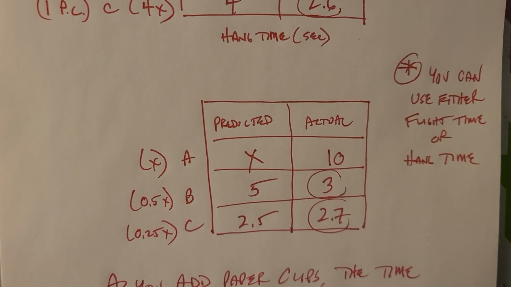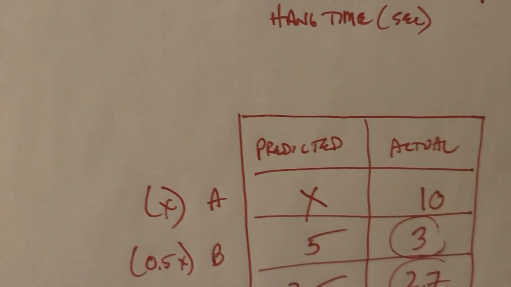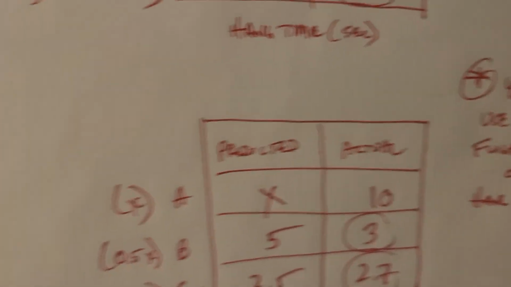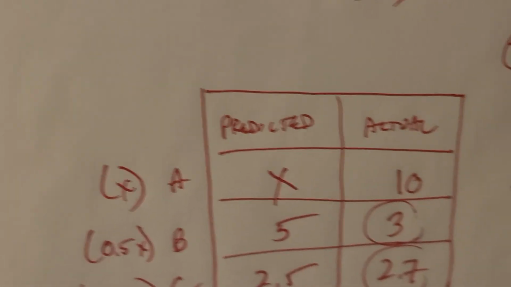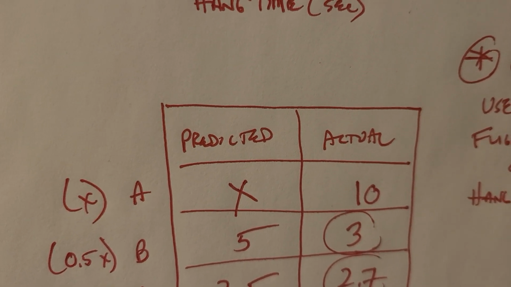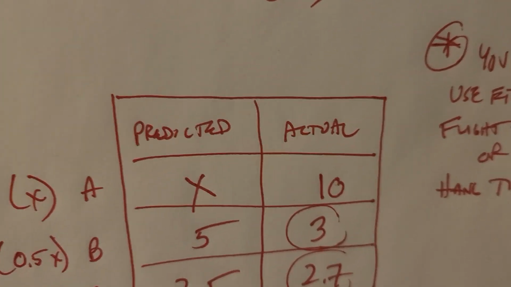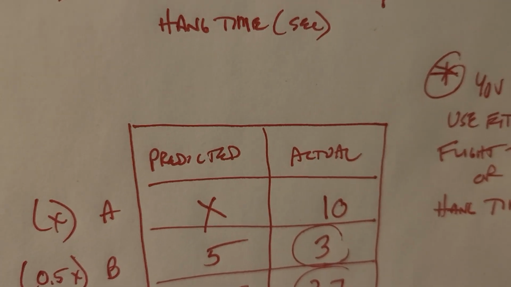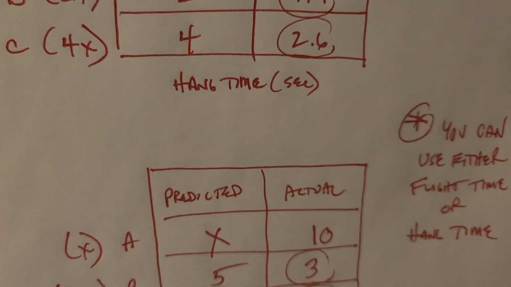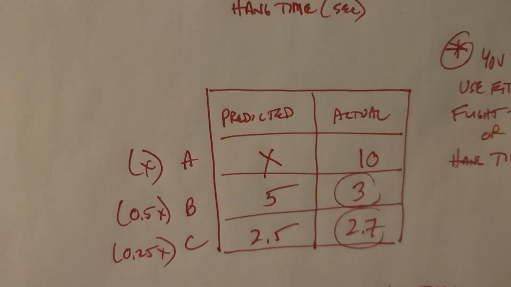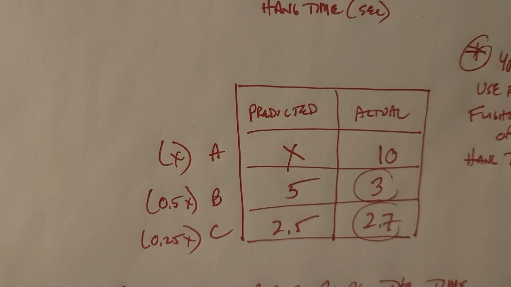I should have put that in here. So right above A, underneath predicted and actual, you could put the word control, and here you could put just your actual flight time. You don't even have to put predicted because you're not making a prediction on it. It's a control group.